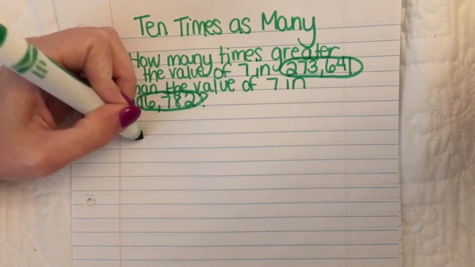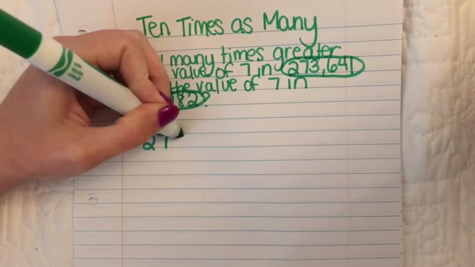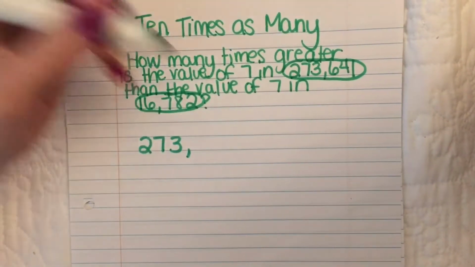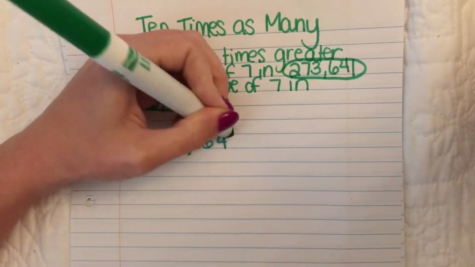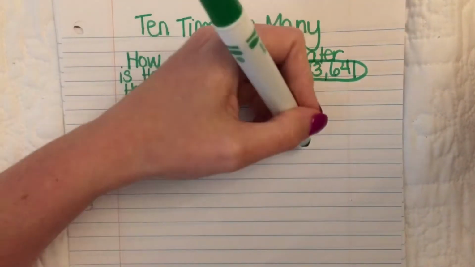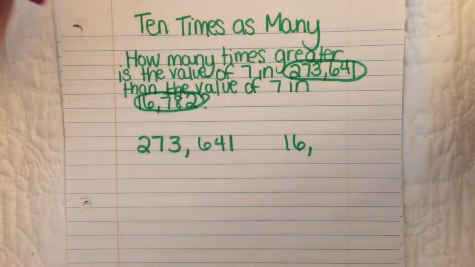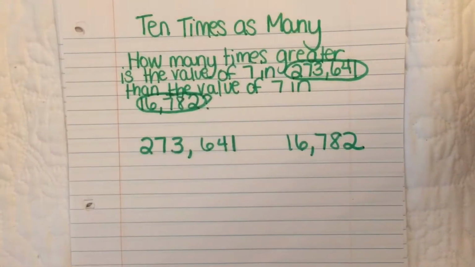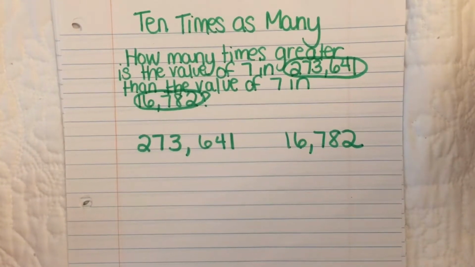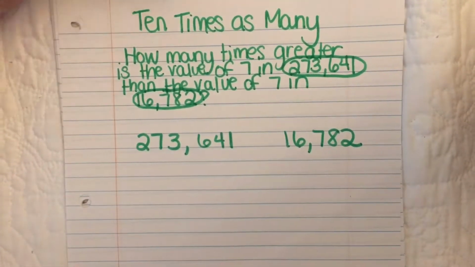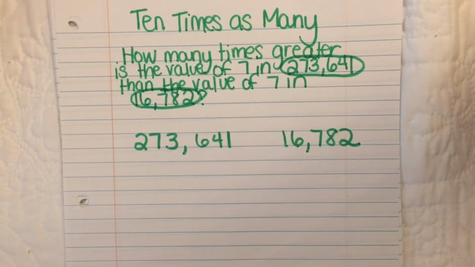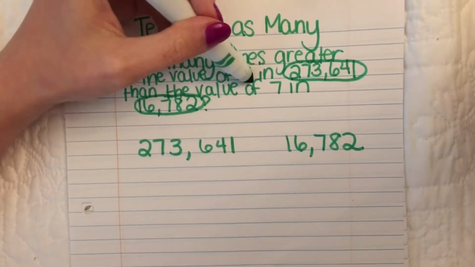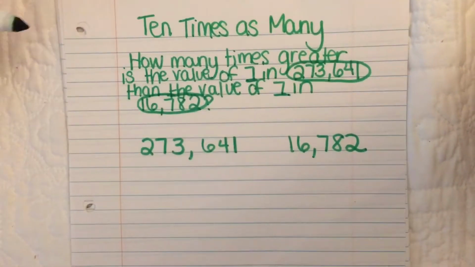So we have 273,641 and 16,782. Now, to get back to that other way, we need to say, okay, what digit am I looking at here? Well, in this case, we're looking at the digit 7 in both of these numbers.